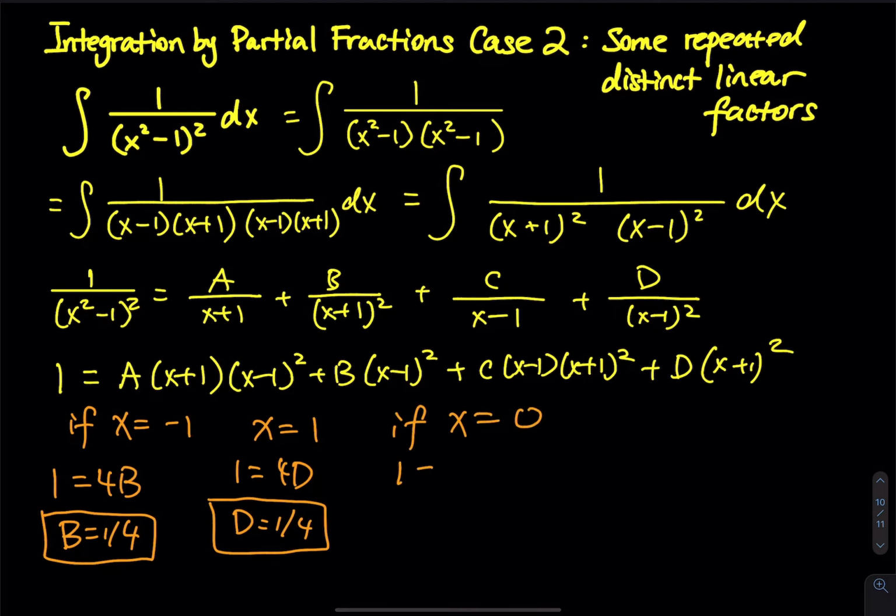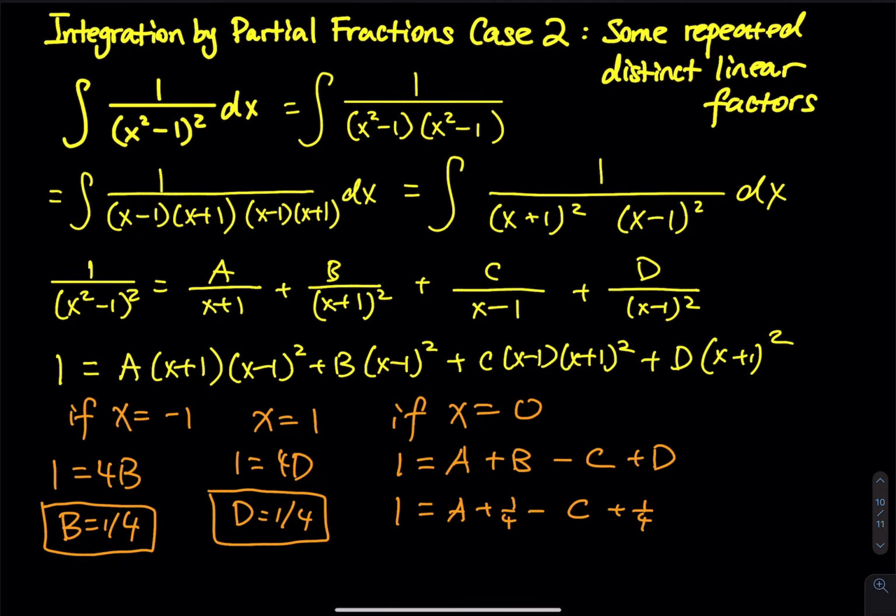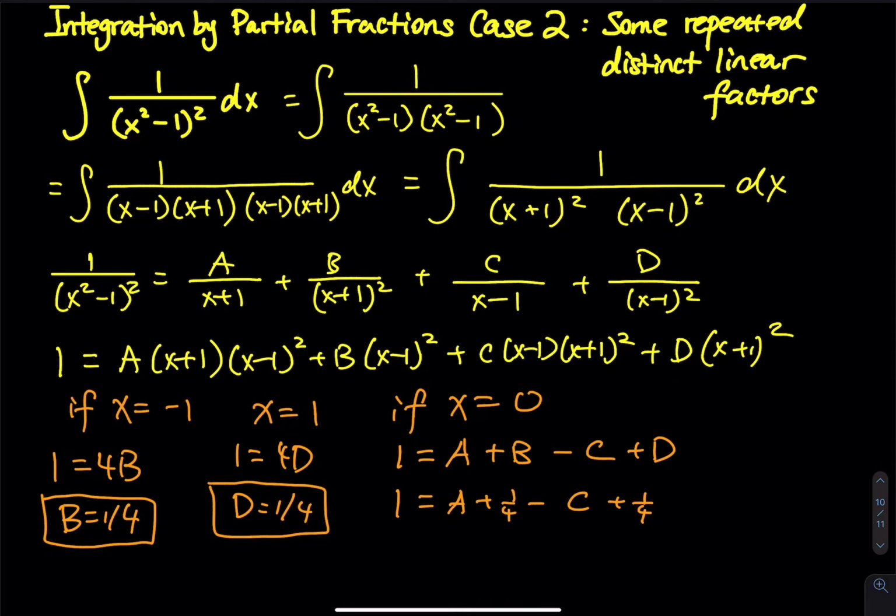So we have 1 equals, we have 1 times 1, which is 1, so we have A, and then B, 1 times 1, we have A minus C, and then for D, we have positive D. Then we plug in B and D, so 1 equals A plus 1/4 minus C, plus 1/4. So we have 2/4, and 1 minus that, so we have 1/2 equals A minus C.